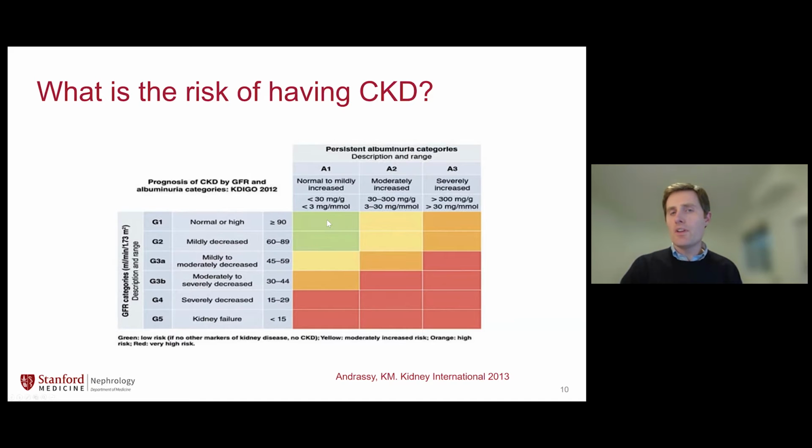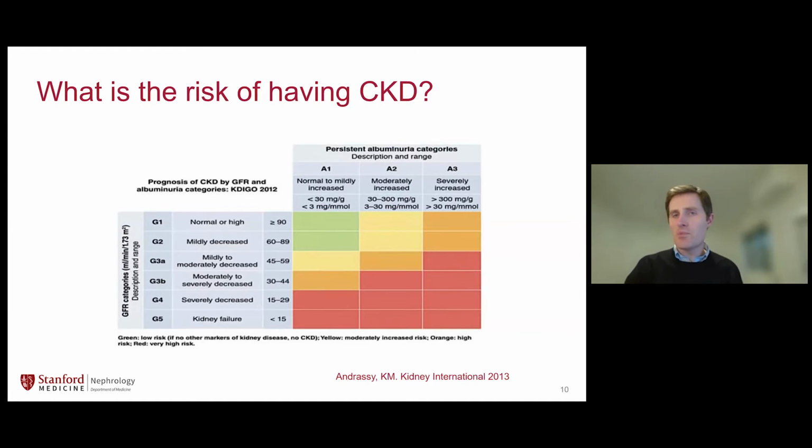Of course, if they have very low albumin, they're going to be in the low risk category. But if they have high levels of albumin in the urine, you can see that even somebody with normal GFR can be at higher risk of losing their kidney function. And you can see for most people in their 70s, 80s, developing stage 3A or G3A disease is not uncommon.